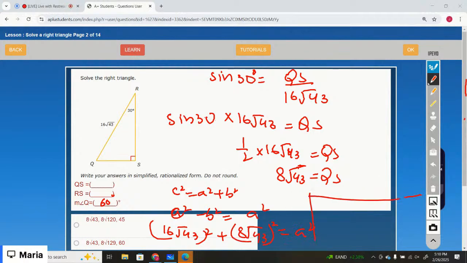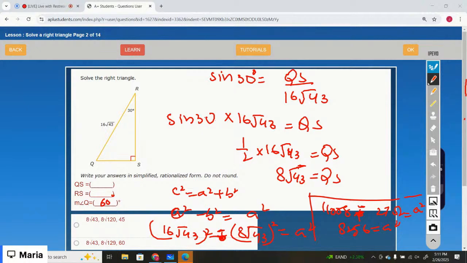So let's just do the calculations. 16 times 16 is 256 times 43. That is 11008. Not plus, that is subtracting. Subtract 64 times 43, that is 2752. Now 11,008 minus 2,752, that is 8,256 equals a square. So let's calculate the square root.